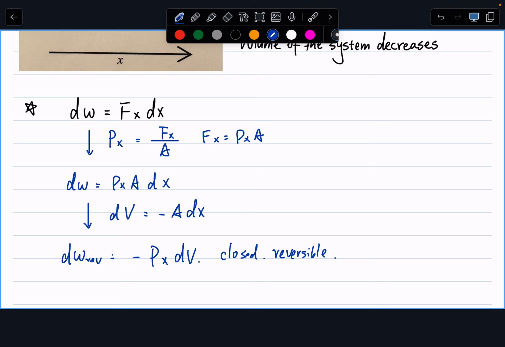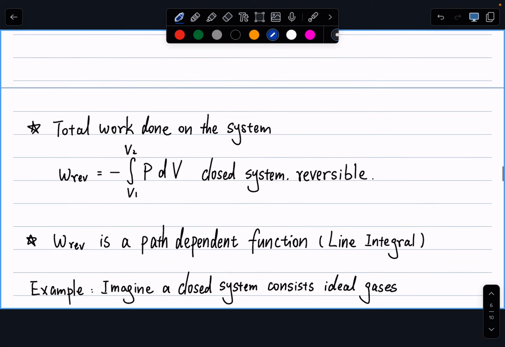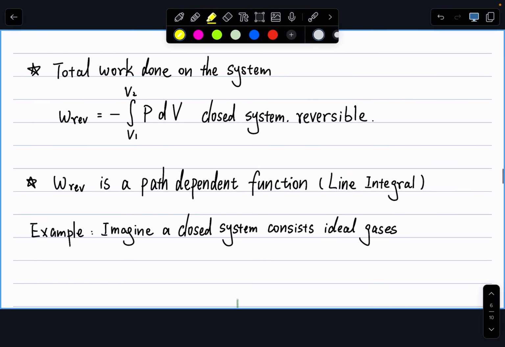Or in general, in this class, when we're talking about reversible PV work, we can write the following expression: the work reversible equals the integral of the volume change from V1 to V2 of negative P dV. Both of these writings are correct for reversible work.